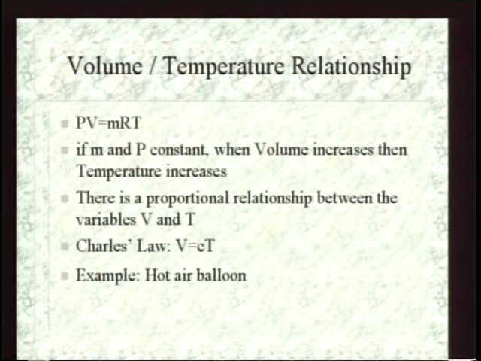So there is a proportional relationship, which means a direct relationship. If one goes up, the other one goes up. If one goes down, the other one goes down. So there's a proportional relationship between the variables volume and temperature, and that is where we got Charles' law. The volume is equal to a proportional constant times the temperature.